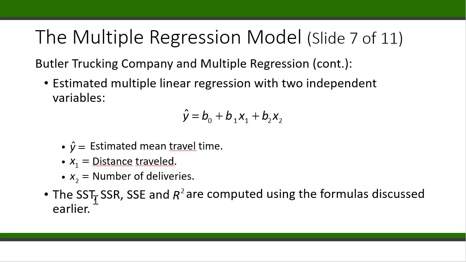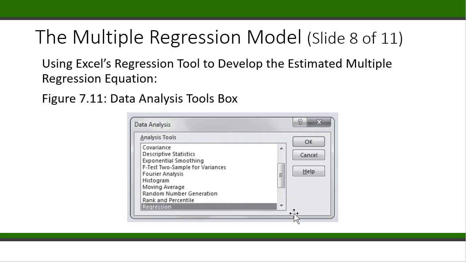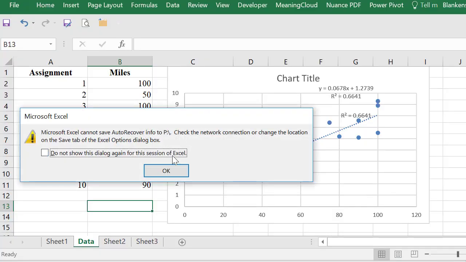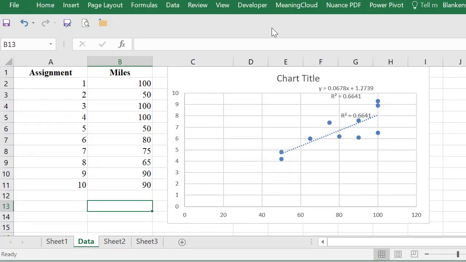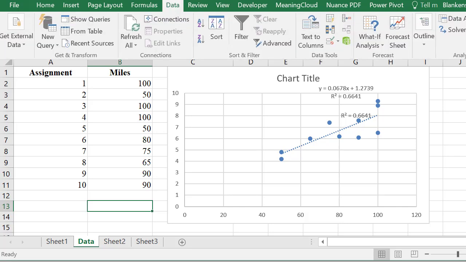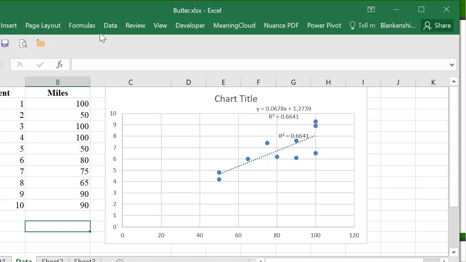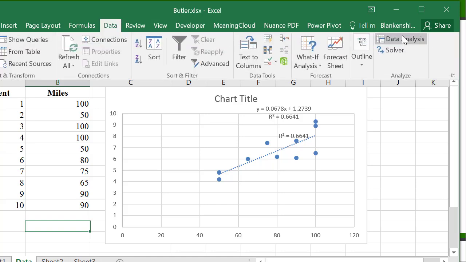We still calculate SST, SSR, SSE, and R squared as the computed values that we did earlier. And we can get all that information by using Excel's regression tool. We get to that by going to our data tab, going to our data analysis, I'll scoot that over so you can see it.